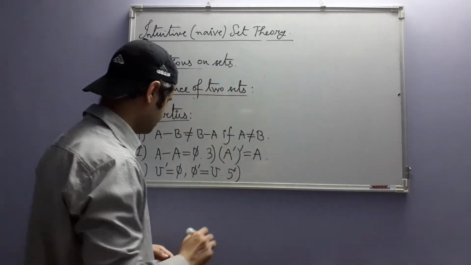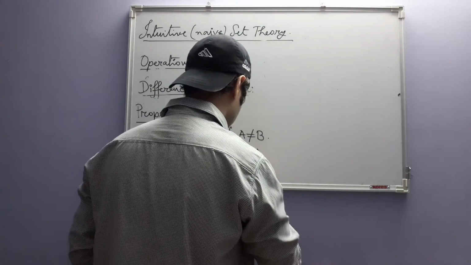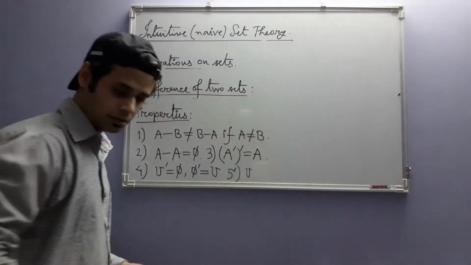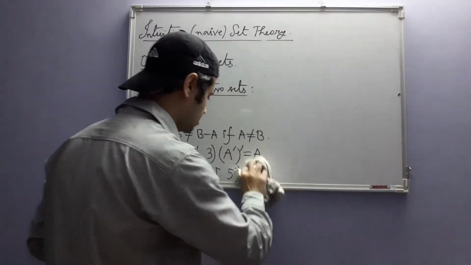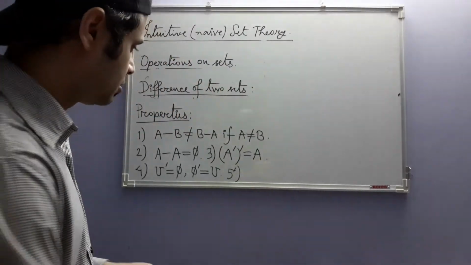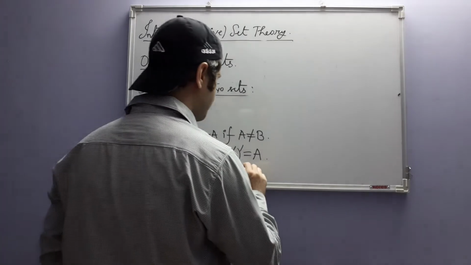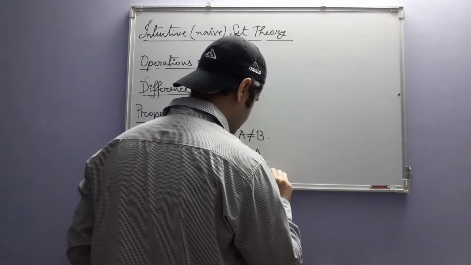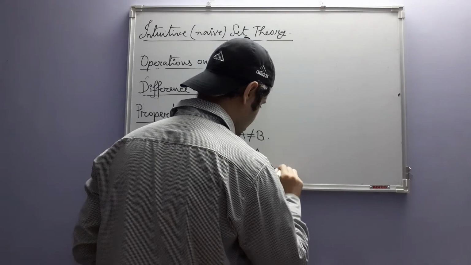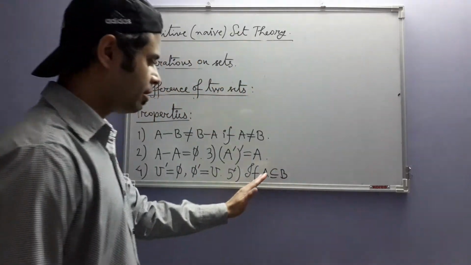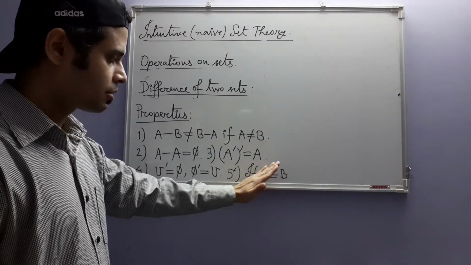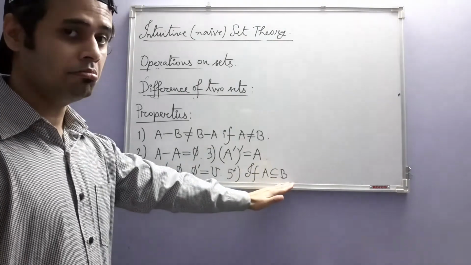5. Universal set or not, like this. If A is a subset of B, we already know what the complement of A in B means.